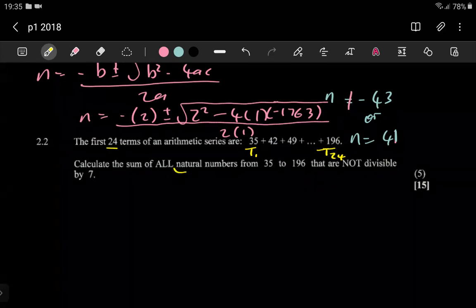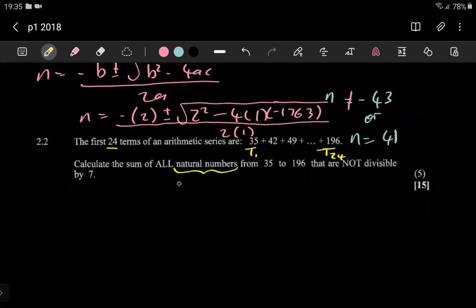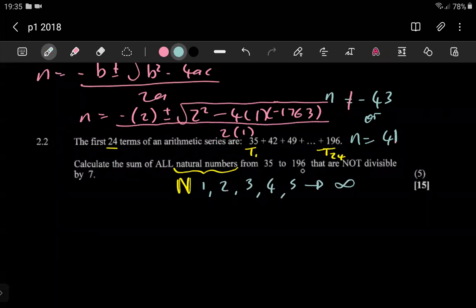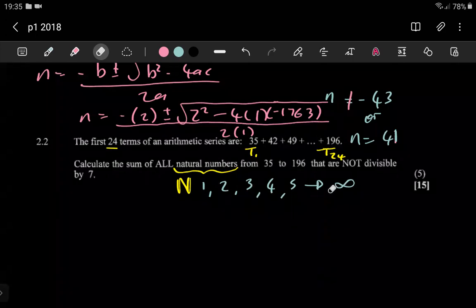This is where you need to know what natural numbers are. Natural numbers are numbers starting from 1: 1, 2, 3, 4, 5, going all the way to infinity. They say calculate the sum of all natural numbers from 35 to 196. Natural numbers are all the numbers from 1 to infinity, yes.